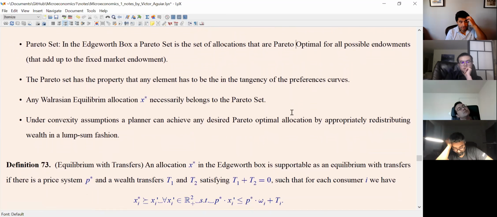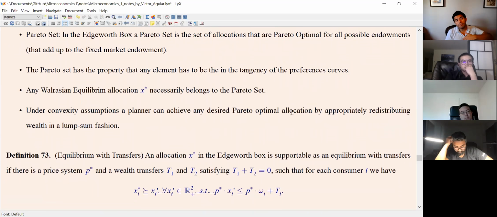Now, the Pareto set has the property that any element has to be at the tangency of the indifference curves. Remember, an allocation at the tangency of the indifference curves is a point where the marginal rate of substitution between agent 1 and agent 2 is the same, so they have the same slope.